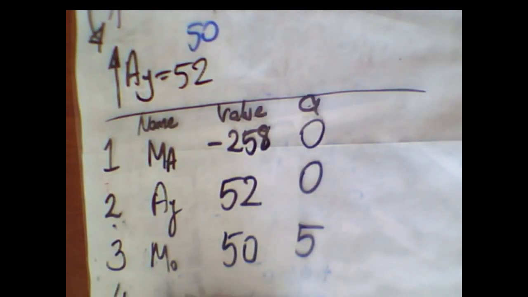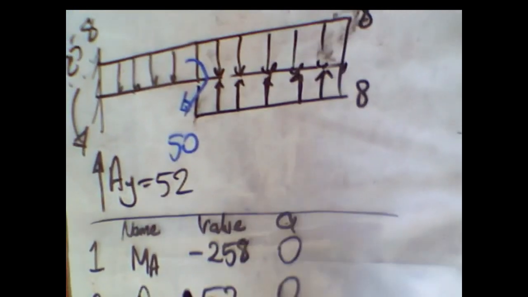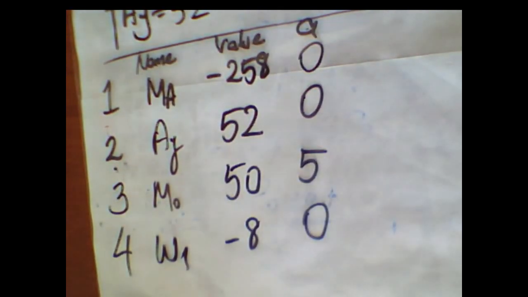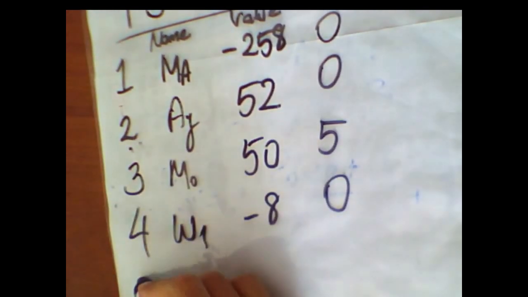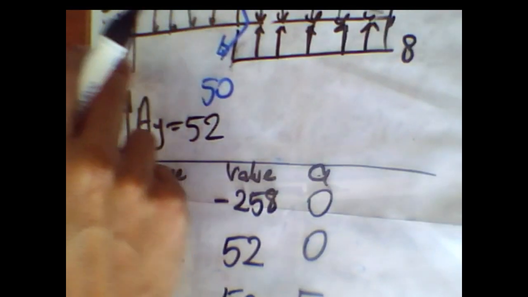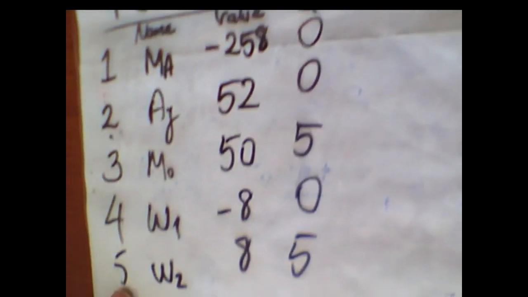The value is minus 8 because it is located in the downward direction. Also location is 0. The fifth, the last one, is omega 2. The value is positive 8 because the direction is upward, and the location starts from here, this length is 5, therefore I have to write 5.